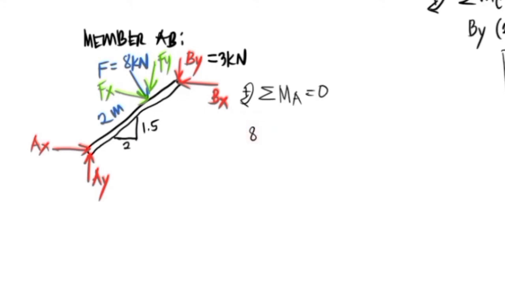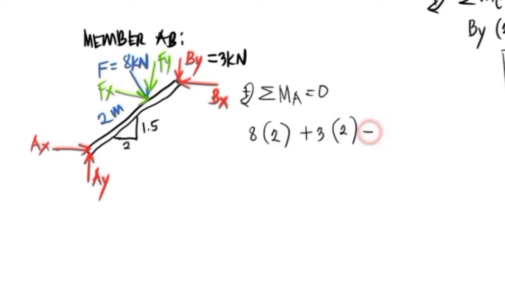So 8 kilonewton multiplied by the distance of 2 meters. And the By will create a clockwise rotation also. So that would be positive 3 kilonewton multiplied by the distance of 2 meters. And for the Bx, that would rotate counterclockwise.